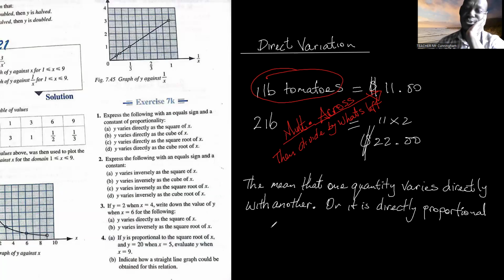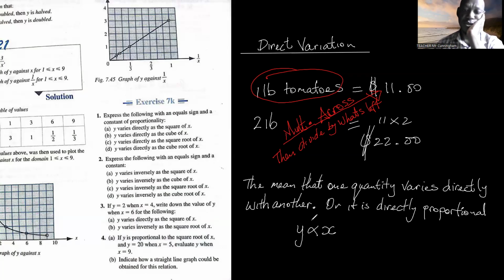That means y is proportional, this is the sign for proportional, to x. Y is directly proportional to x. Everybody seeing this sign? Yes?